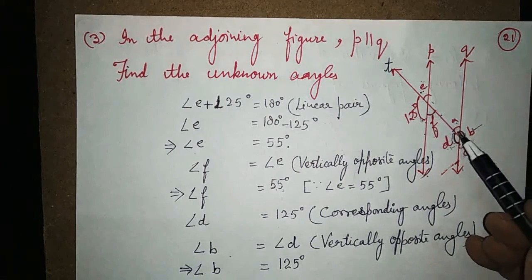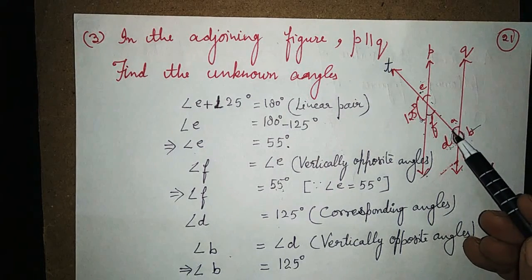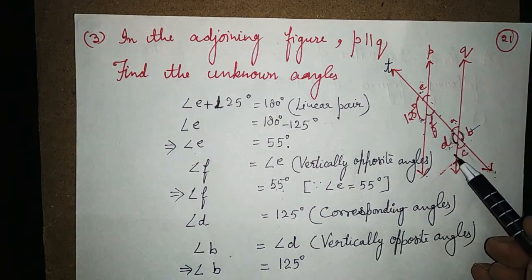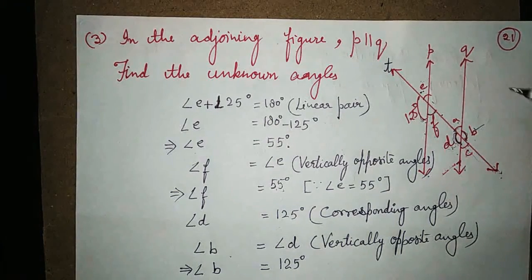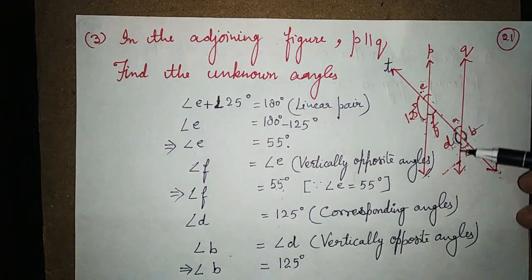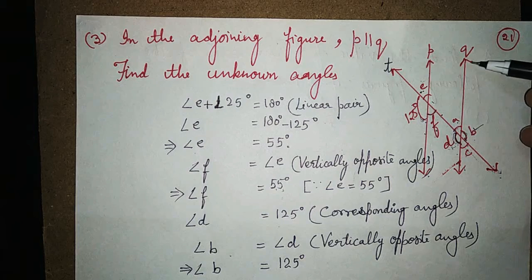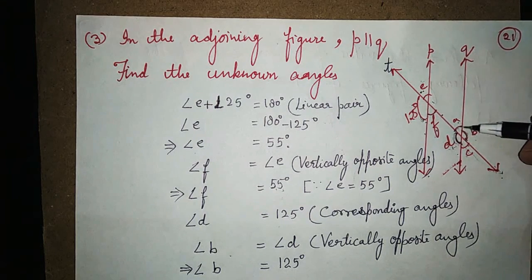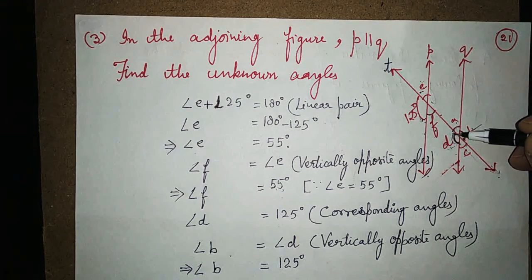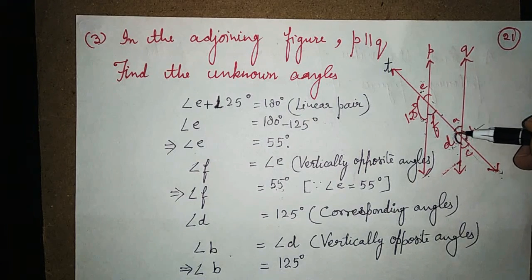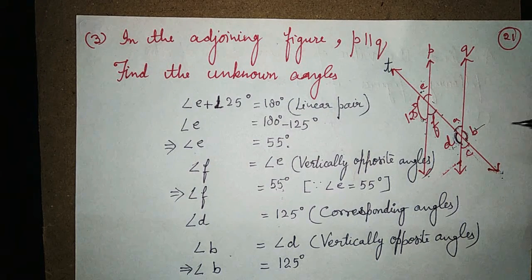For angle A, we can use linear pair, because you can see this Q is a straight line and angle A and D are both forming a linear pair.